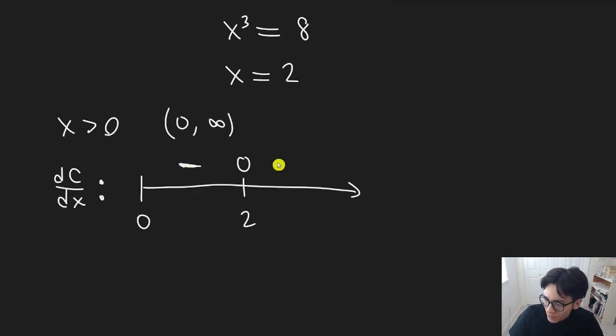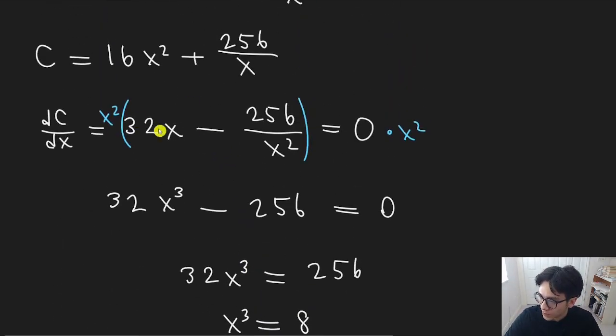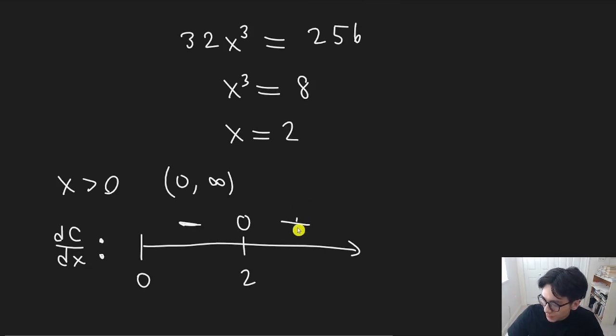And if you plug in a value that's bigger than 2, you can choose any big number, so 10 or 100, it turns out you're going to get a positive number. And so indeed, the derivative is negative and then positive, which means that this x equals 2 point is indeed a minimum for c.